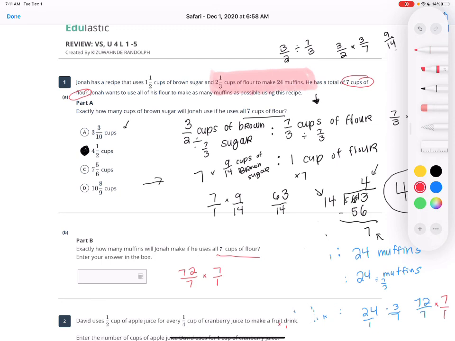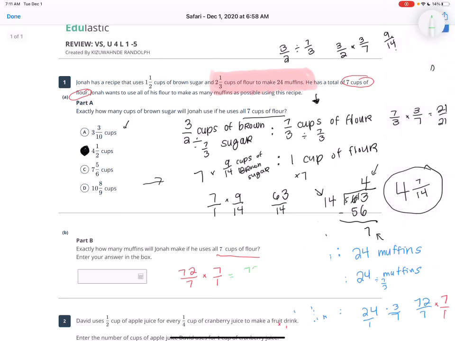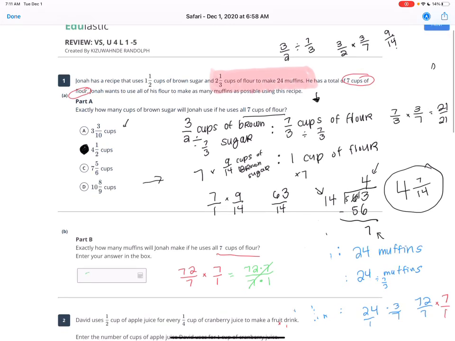So meaning, if I had to rewrite this as 72 times 7 over 7 times 1, I can scratch out those 7s. Because I'm going to simplify by it anyway. So it would be 72 muffins.